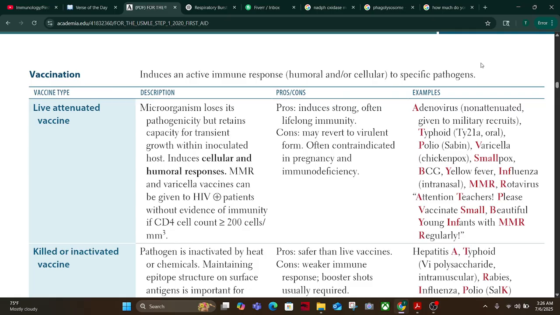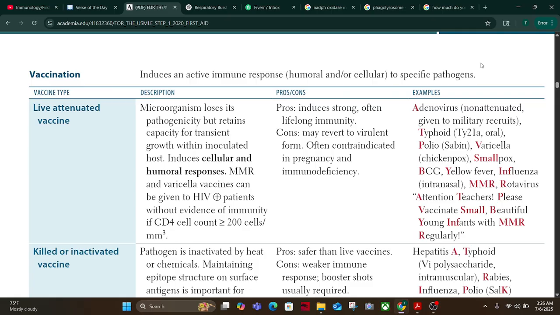So basically, the bacteria is not harmful anymore to the patient that's being vaccinated, but the bacteria still grows enough to cause a response.